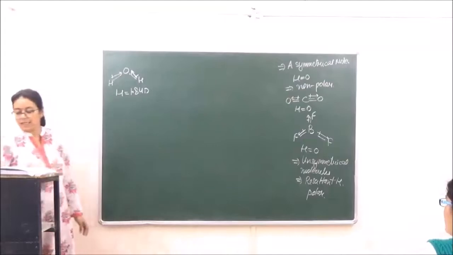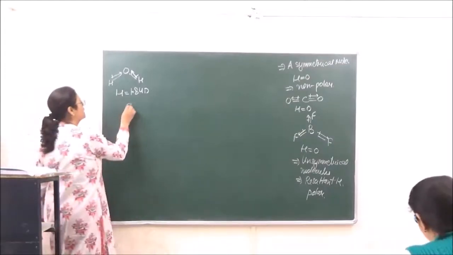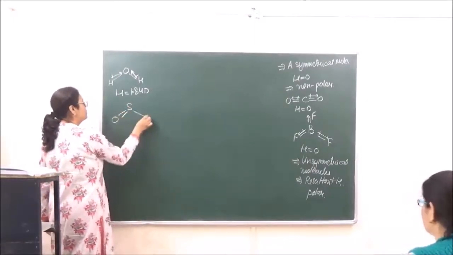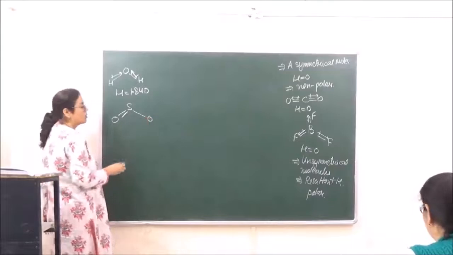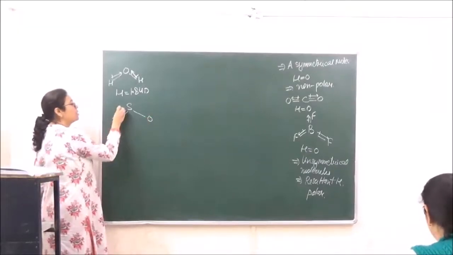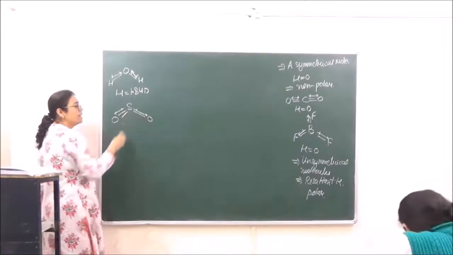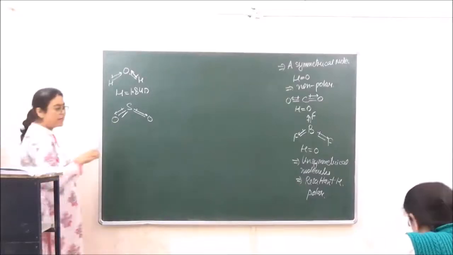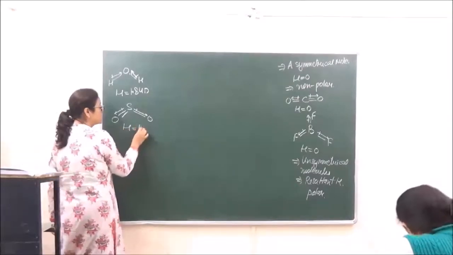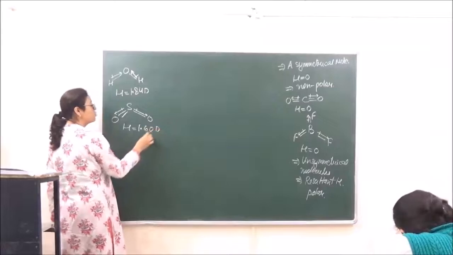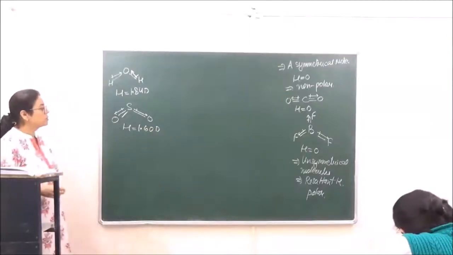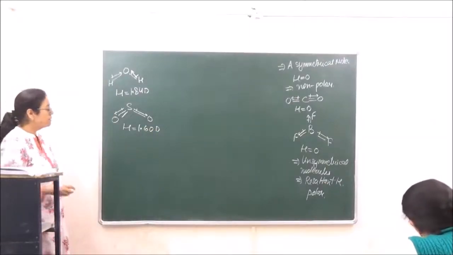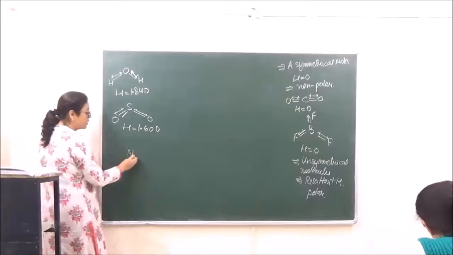Okay. Similarly, let's take the example of sulfur dioxide. This is the molecule of sulfur dioxide. Over here, oxygen is more electronegative. Okay. So in the same direction again. So the value of mu for this molecule is equal to 1.60 D. So this is also a polar molecule. Then we can take the example of NH3 over here.